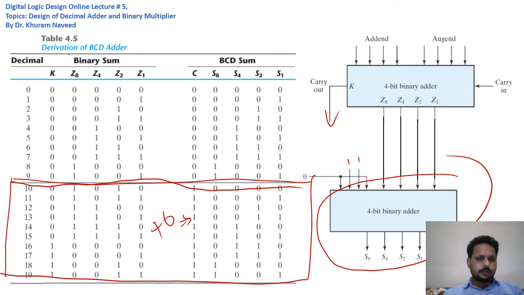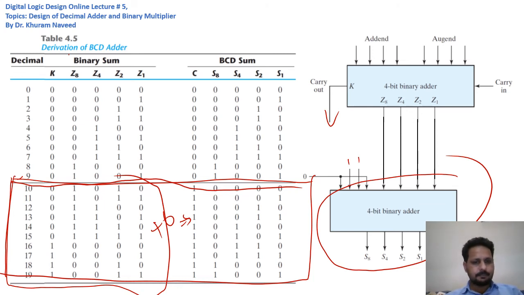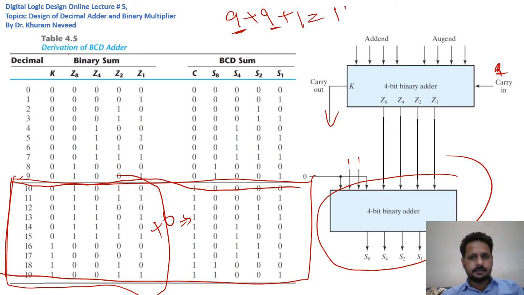Okay. So in order to detect these numbers where we have gone from 10 to 19, because the maximum sum of two BCD numbers can be 19, right? If one BCD digit is 9 and the other is also 9, which is the maximum value of a digit, and we also have an input carry from the previous BCD addition, then the sum becomes 19.